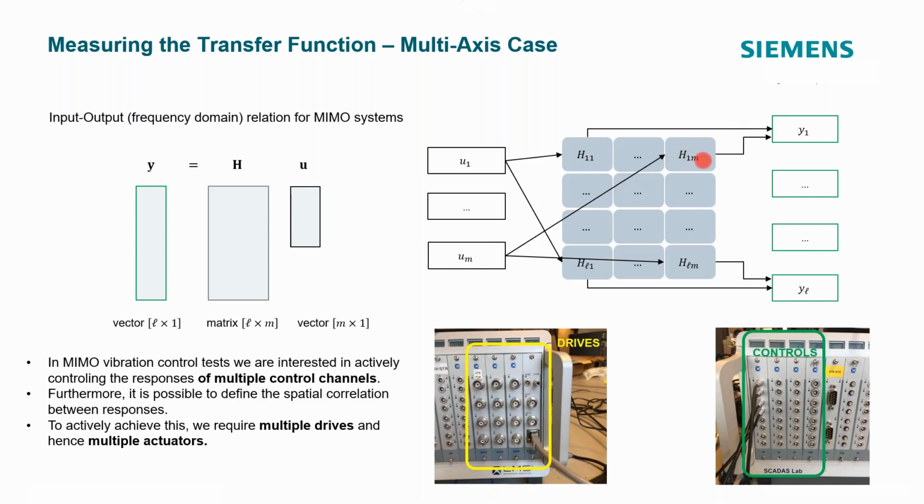That's an off-diagonal term that represents that component of the transfer function matrix. In this case, we have M number of shakers and L number of responses, so that's an L by M matrix. So we have our drives, we have our SysID transfer function, and then we have our responses.